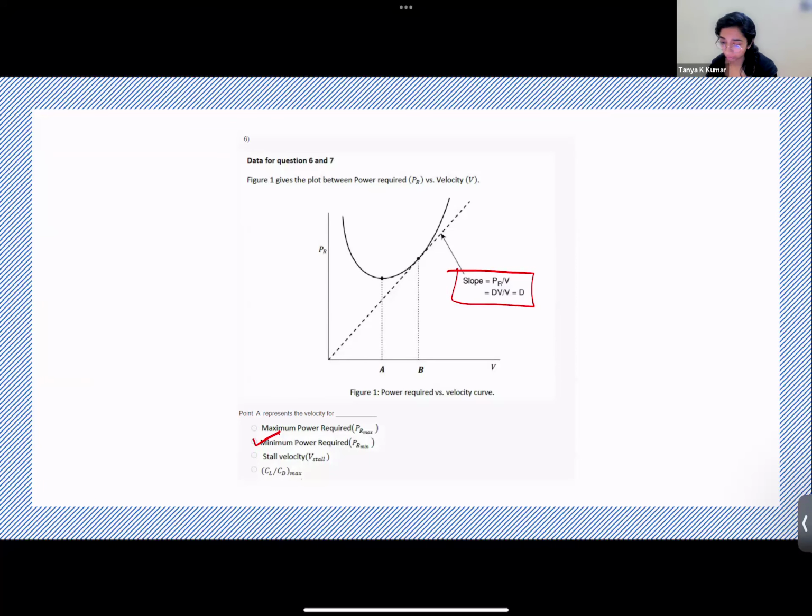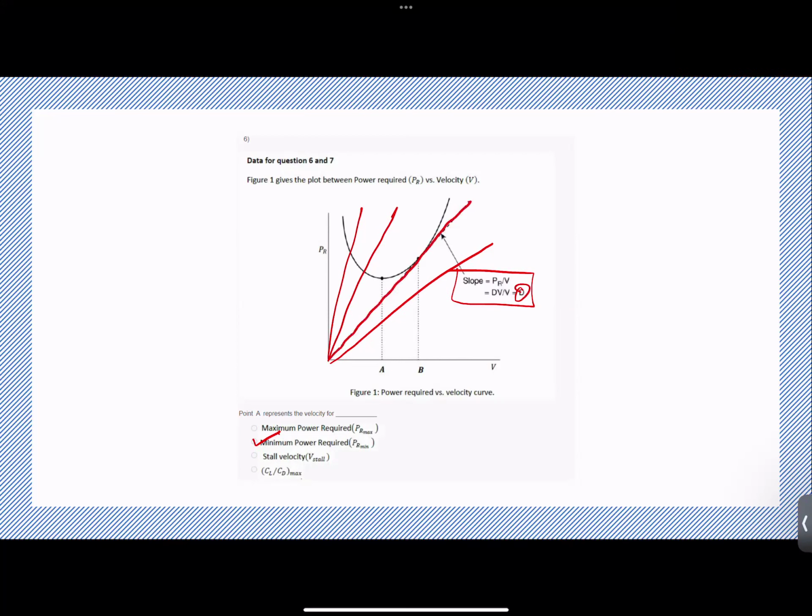So here the slope for the lines, right? Constant slope lines. If I were to draw constant slope lines throughout, the line has to intersect the graph, and the line with the least slope or the least drag gives you the minimum thrust required. Correct? This is the constant slope line that gives you the minimum thrust required or minimum slope.